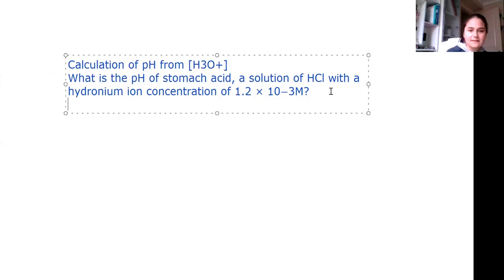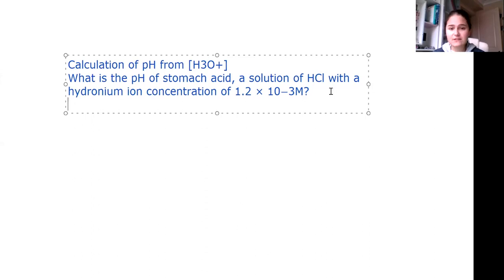This is the first dot point that we're going to cover, and that's calculating pH and pOH from an acid or a base. There are 4 main components. The first is to calculate the pH and the pOH, and for each you'll be given an acid or a base.